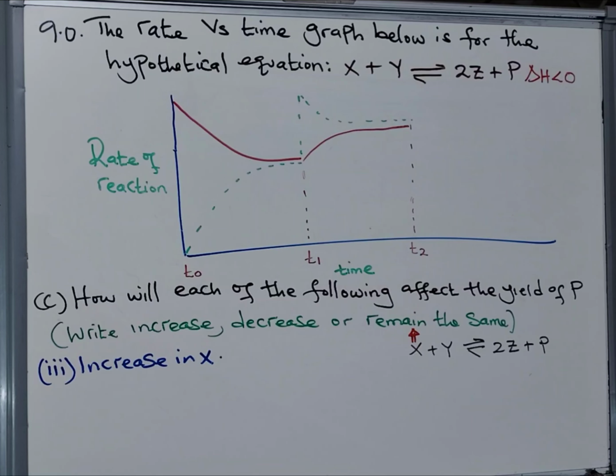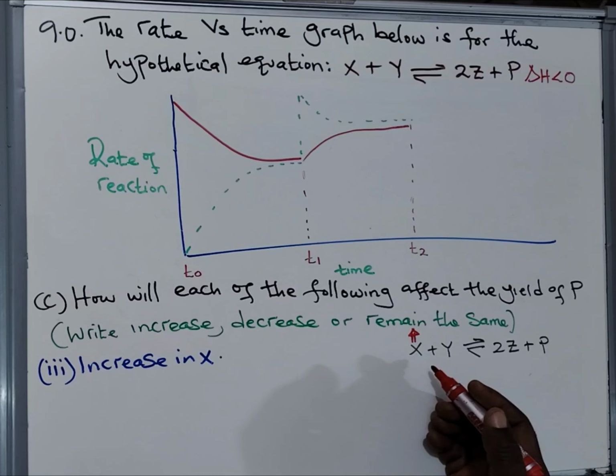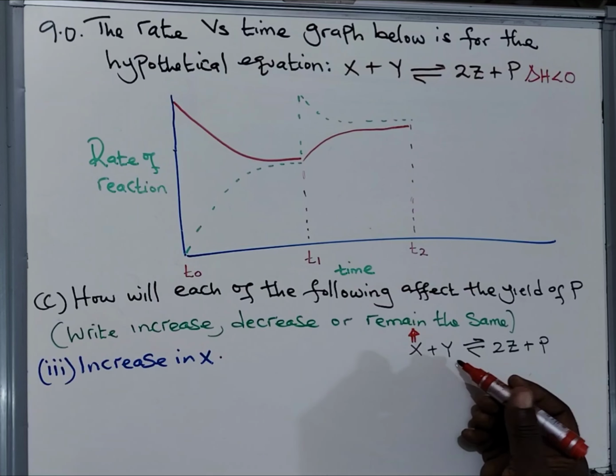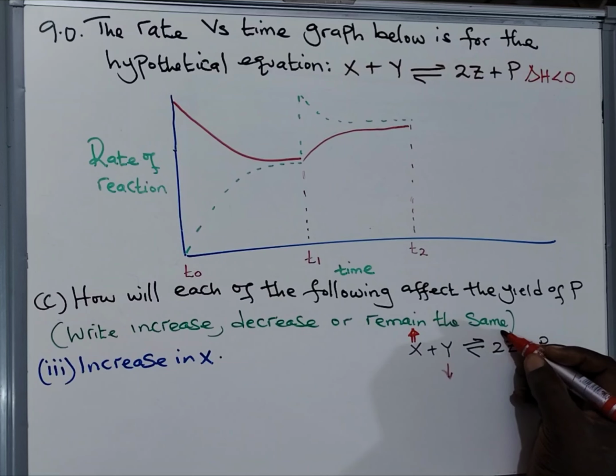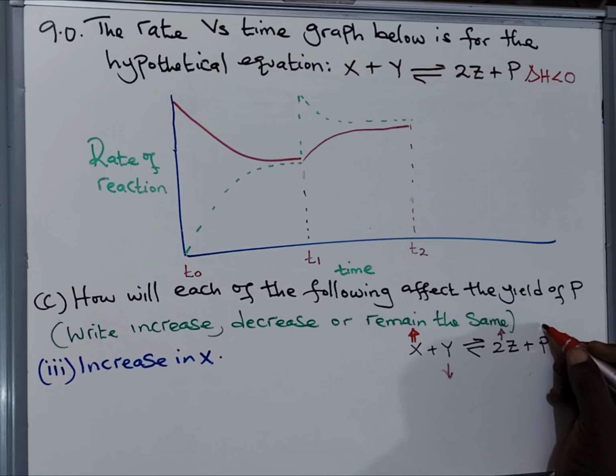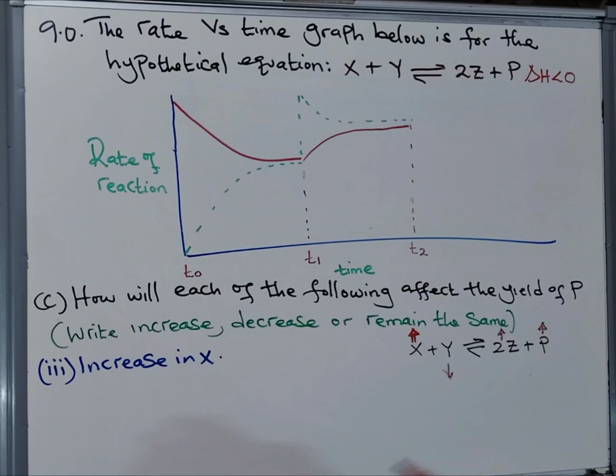We are disrupting the equilibrium, and according to Le Chatelier, that is not liked. So whatever you are adding will react with y, so y will drop to give you z and p. What do we notice there? The amount of p is increasing. So the answer is increase.